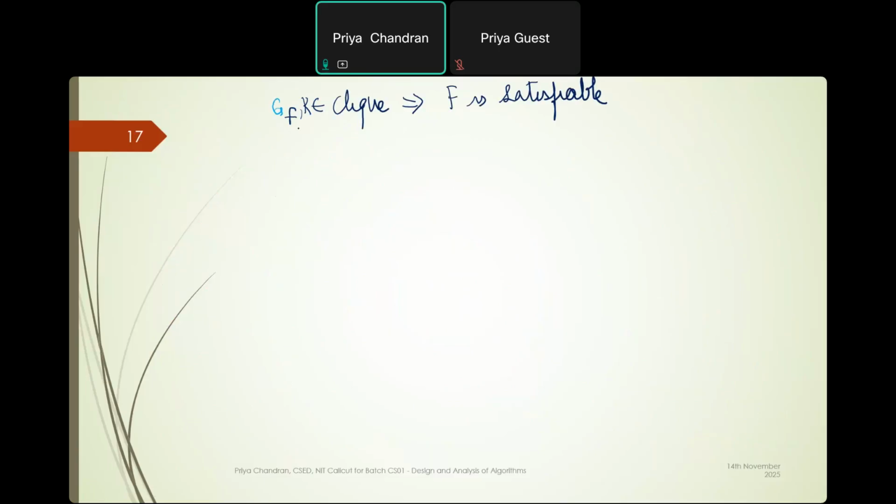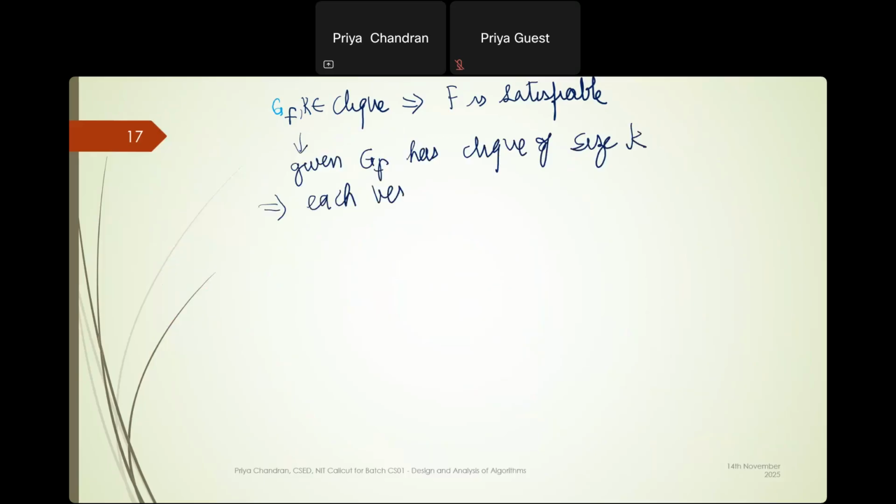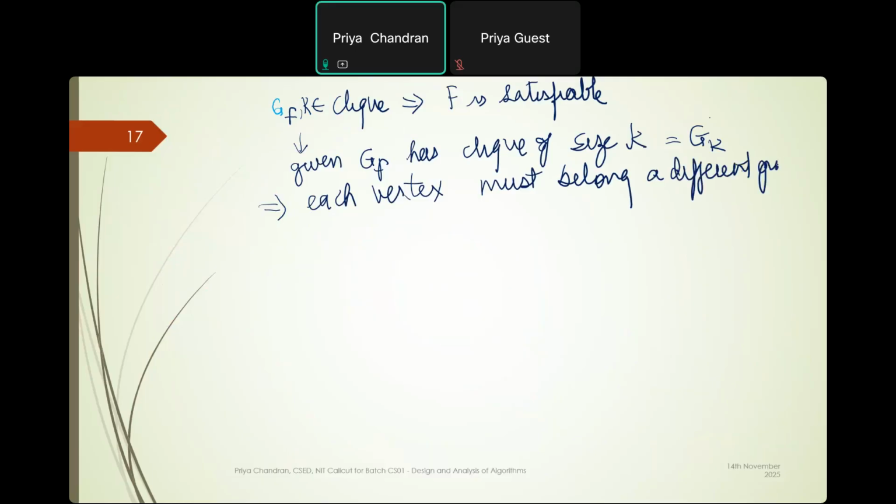Now suppose it contains a clique of size K. So we are given that G_F has a clique of size K. It means that each vertex must belong to a different group, because there are no edges between vertices in the same group.